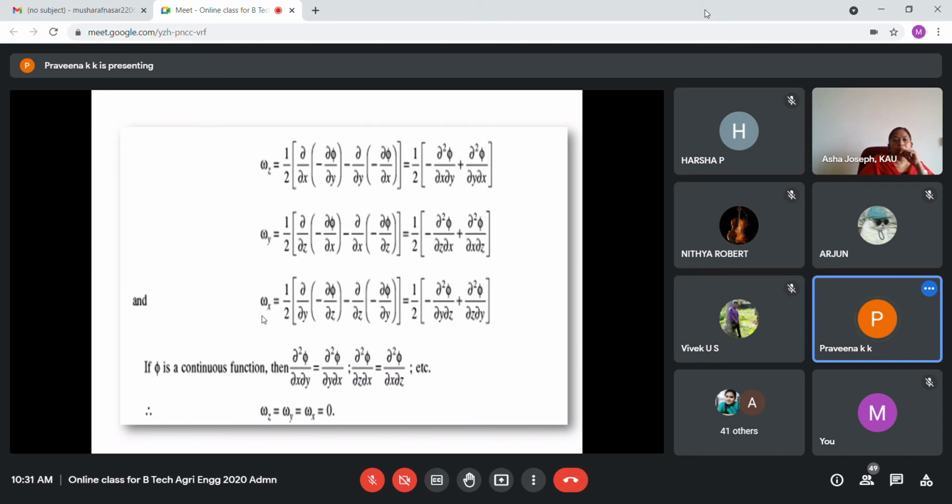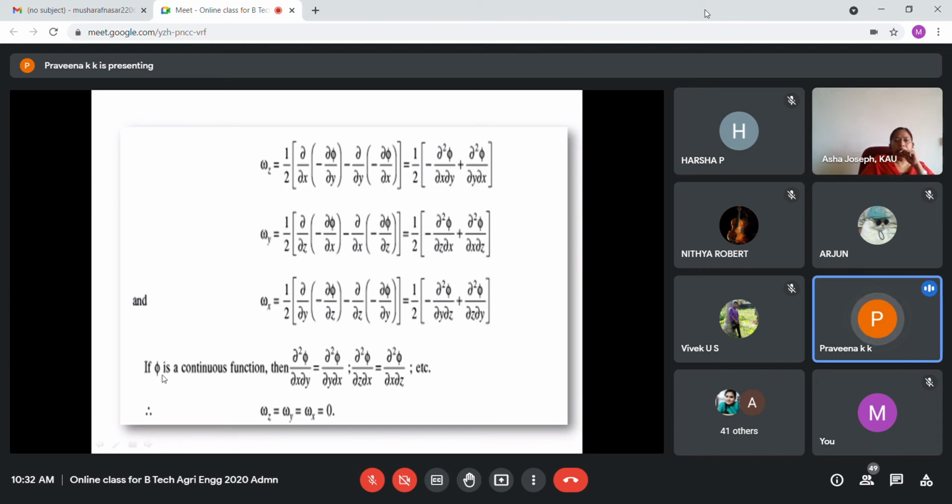So if phi is a continuous function, then dou square phi by dou x dou y will be equal to dou square phi by dou y dou x. Then dou square phi by dou z dou x will be equal to dou square phi by dou x dou z.